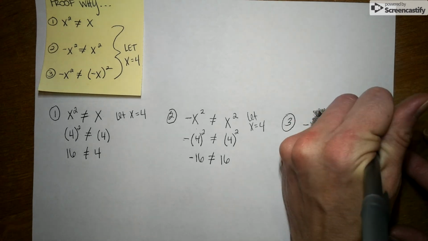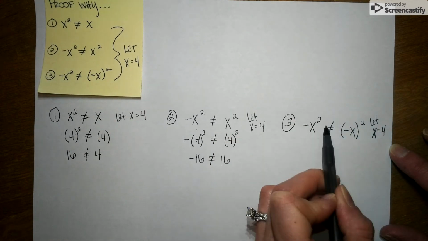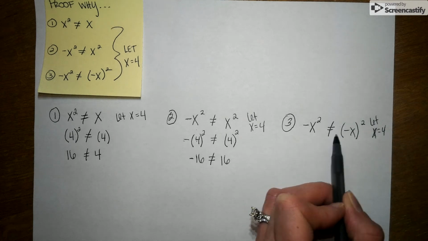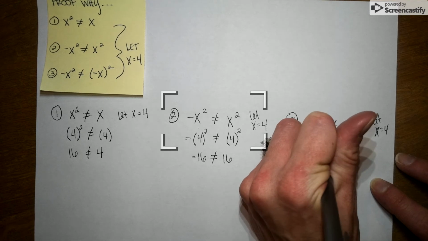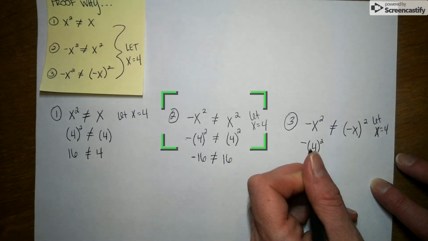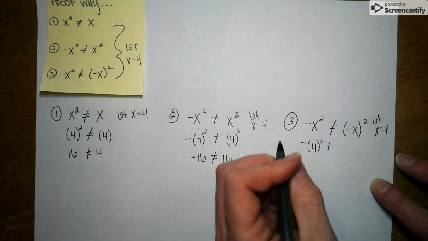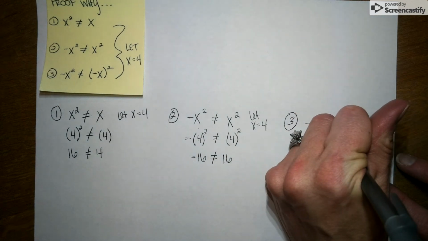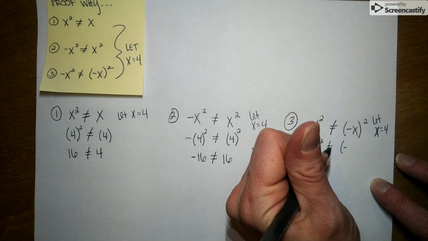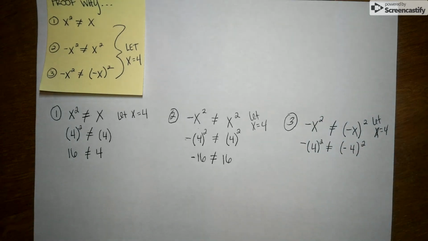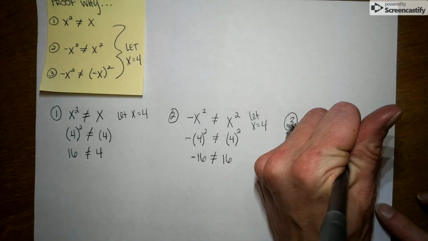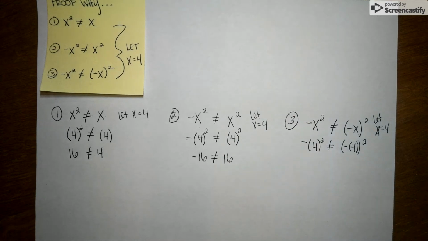And I'm going to rewrite this expression for every x. I'm going to put a 4 in. So the opposite of 4 squared does not equal, in parentheses, the opposite of 4 squared. So technically I should have little parentheses in here.